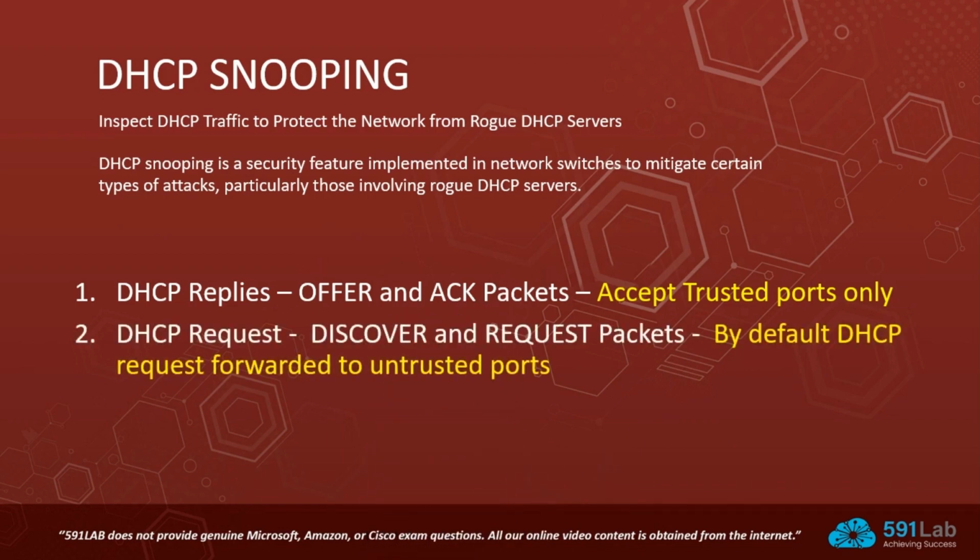Category number 2, DHCP requests. This contains discover and request packets. By default, FortiSwitch DHCP snoop client request is set to forward untrusted, which means that DHCP requests are forwarded to untrusted ports.